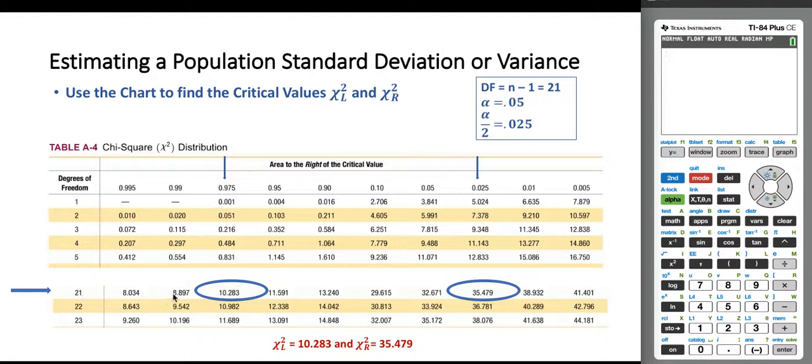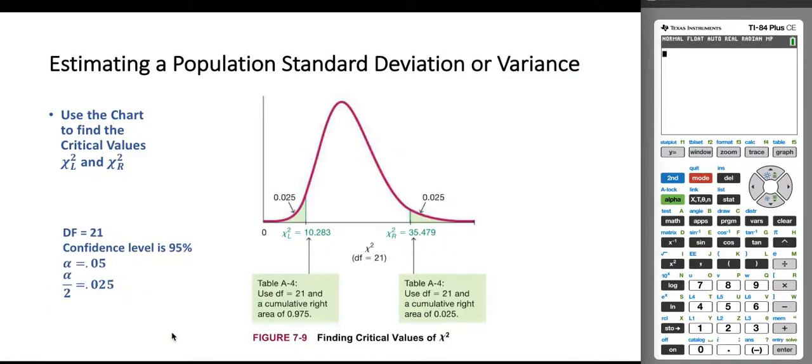So we want the area. Let me toggle back to that previous screen. So the left critical value of the chi-squared is where the area to the left is 0.025. But this table is set up to show us the critical value for the area to the right.